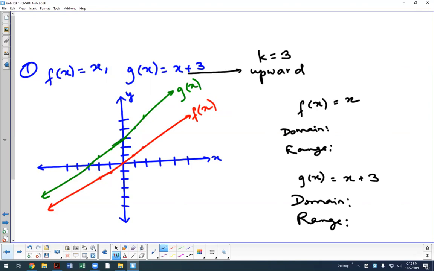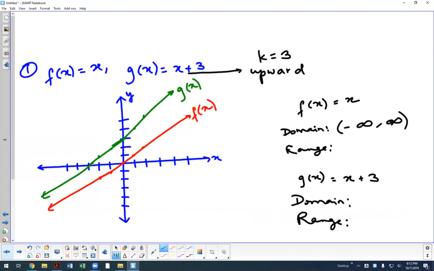So what will be the domain for f of x equals x? Yeah, because obviously this arm of our function, the red graph, is going to go to the left to negative infinity. The right arm will go to positive infinity. So it's all real numbers.